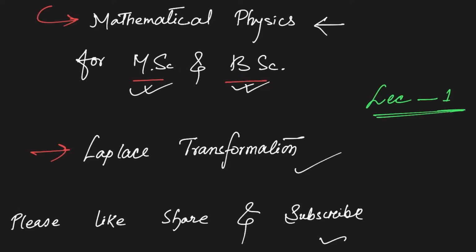Okay, so now let us start. Now suppose, what is Laplace transformation? Here you see, suppose we have a function of t, f of t. By Laplace transformation, the symbol is this L, it will be transformed to a new function capital F, function of s.